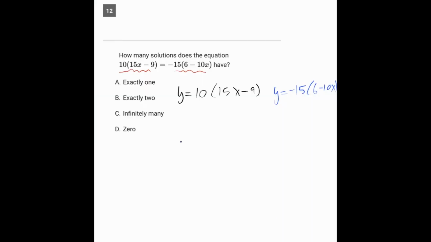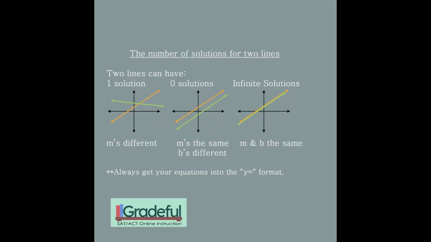So when we're doing it here, we need to simplify. Y equals 150x minus 90. And here, y equals negative 90 plus 150x. If we just reverse the terms here, we'll have 150x minus 90. So we have one solution if our slopes are different.